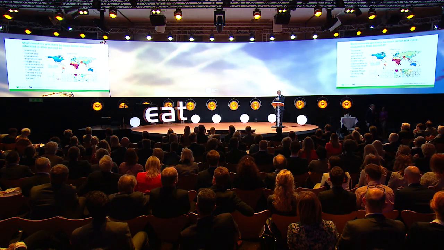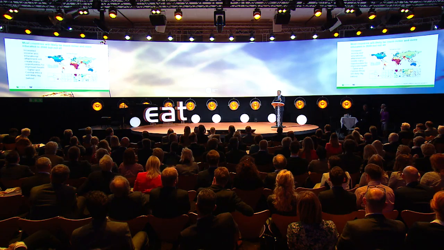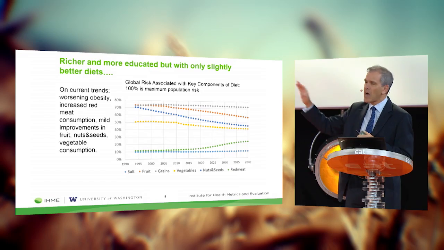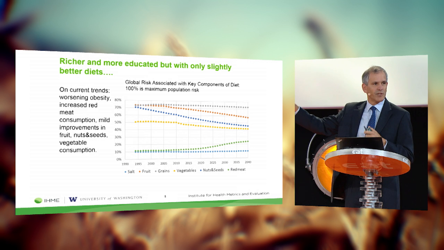But that increased wealth and education in most places will drive a lot of health change. And unfortunately, although it's going to make lots of improvements in the environment, in terms of water and sanitation, in terms of air pollution most likely, at least in some parts of the world, for diet, there isn't, on current trends, going to be that big a change.